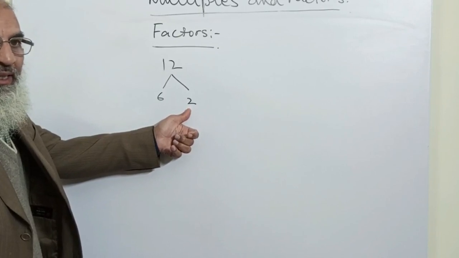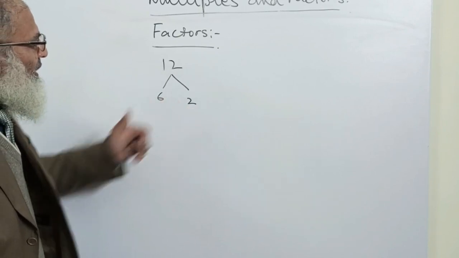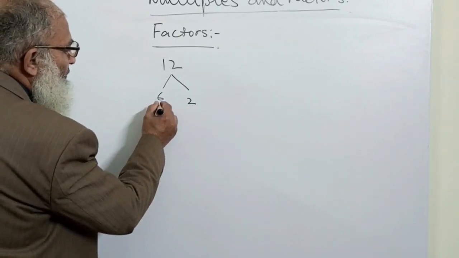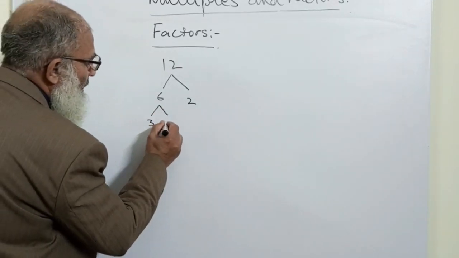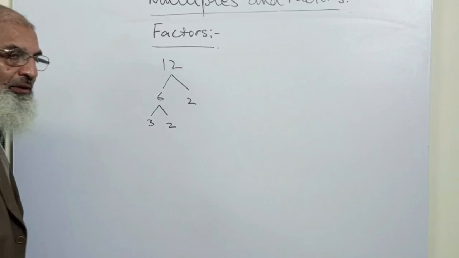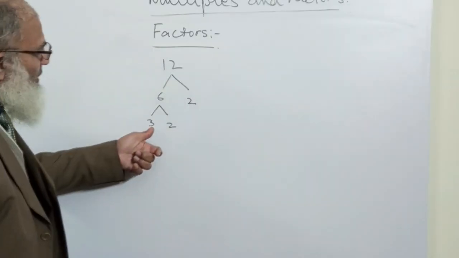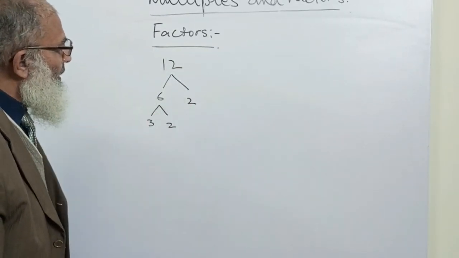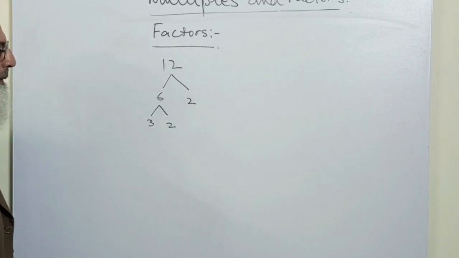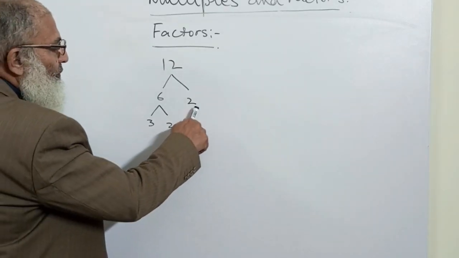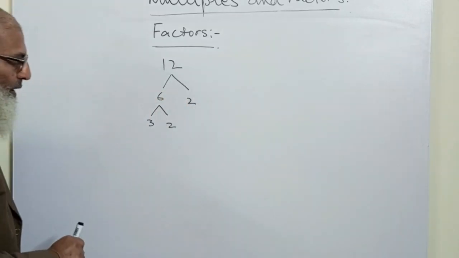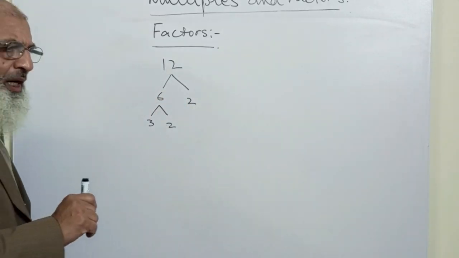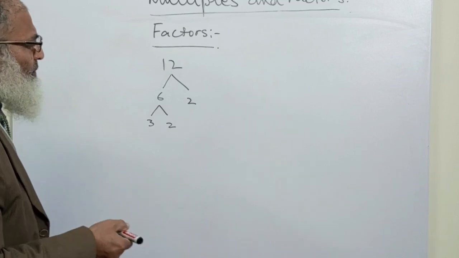Since we have got a prime number here, we leave it here and proceed from the other number. And what we got is 3, 2, and 2. 3 to the 6 and 6 to the 12.